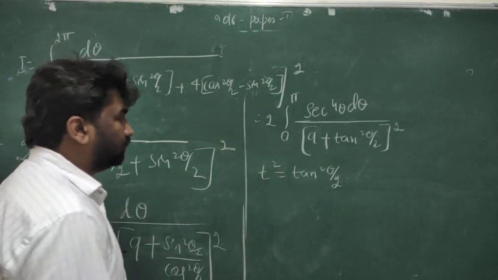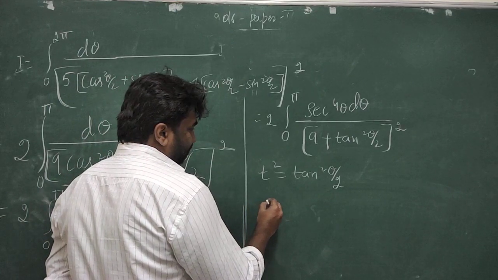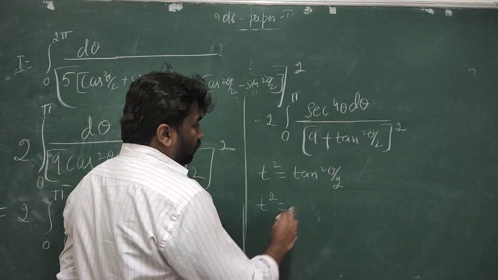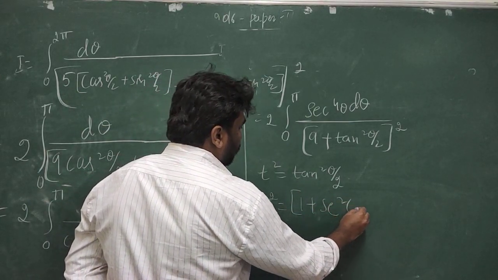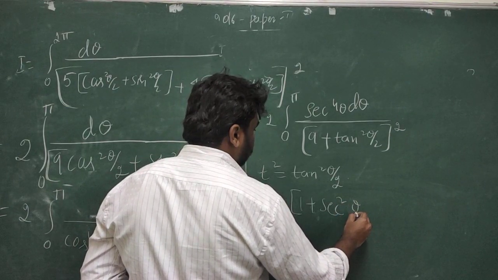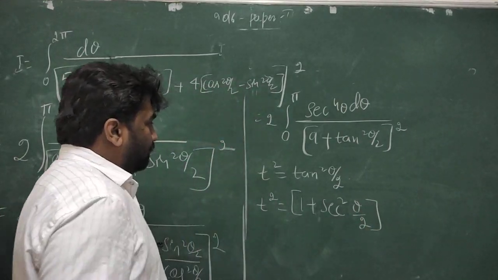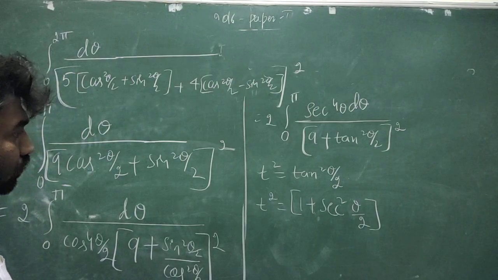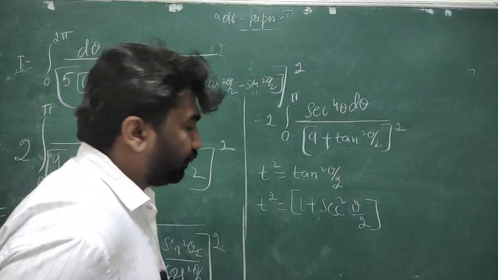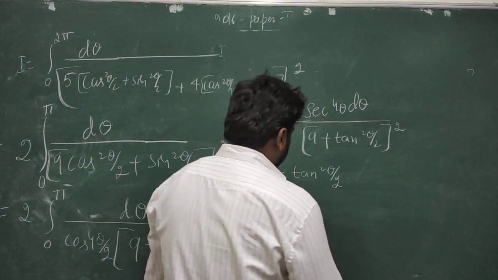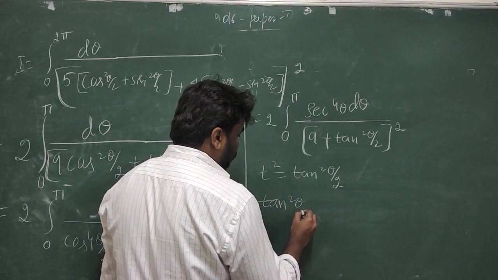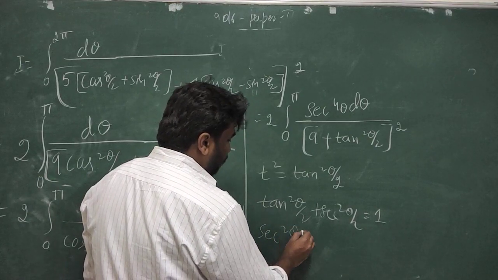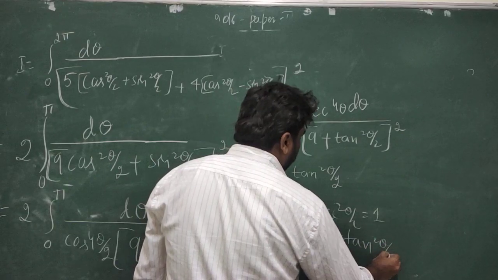Because tan square theta by 2 plus 1 equals secant square theta by 2, hmm, sorry: secant square theta by 2 is equal to 1 plus tan square theta by 2.